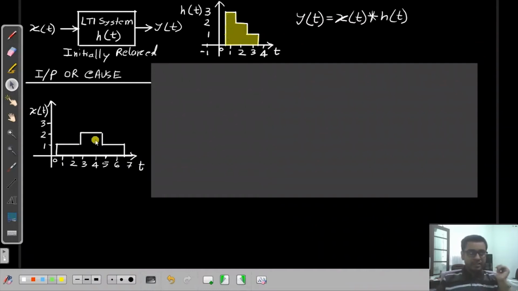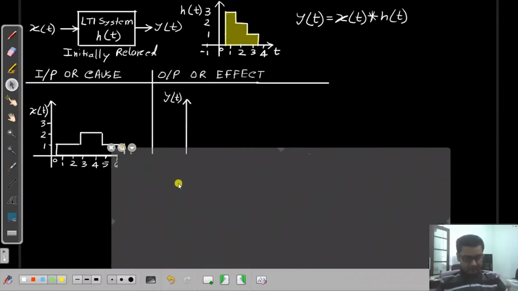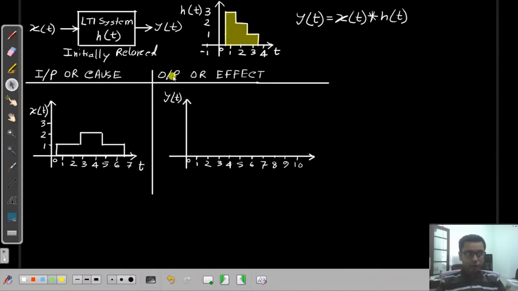Now this is the input applied to the system, and our goal is to find the effect or output corresponding to this input. So let us calculate that.